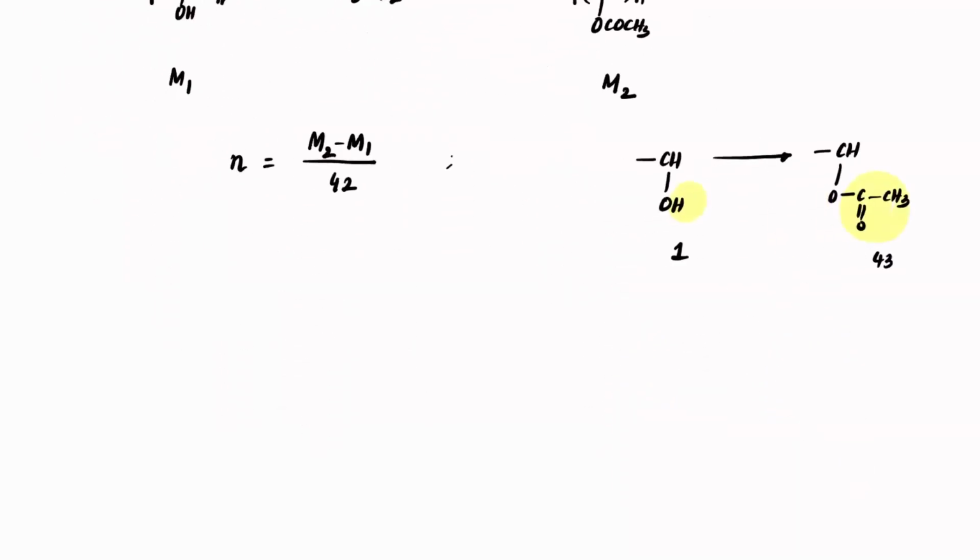Clear, everyone? Now see the last reaction here. This is called trans-esterification, which converts one ester into another ester. For instance, if you have RC double bond O OR dash plus R double dash OH, and you react with concentrated H2SO4, this will convert into RC double bond O OR double dash plus R dash OH.